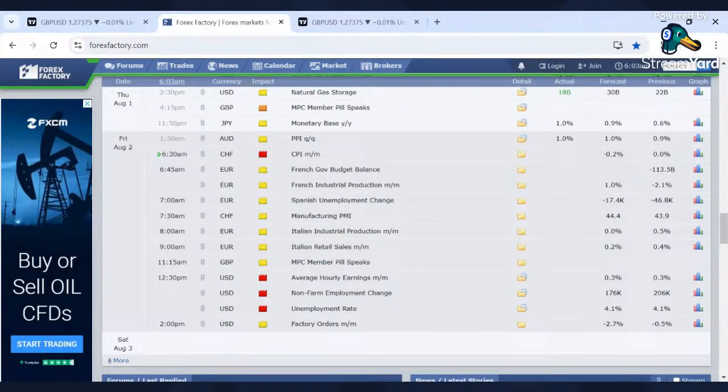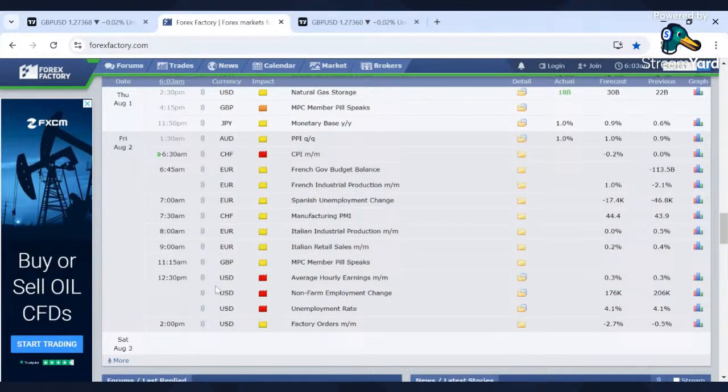And one thing too, today is NFP, non-farm employment change. This is employment data in the United States, the jobs and employment statistics. They are going to release whether people were able to get enough jobs and other stuff. So this is very impactful data.